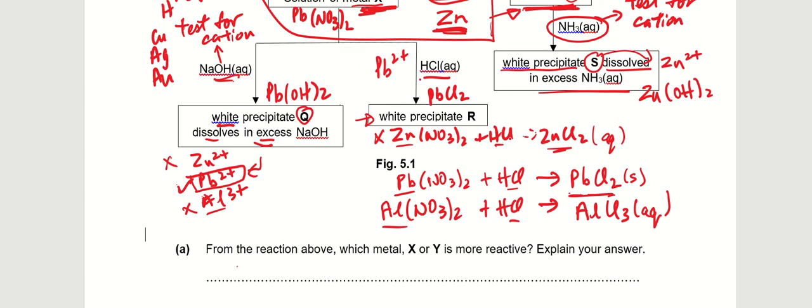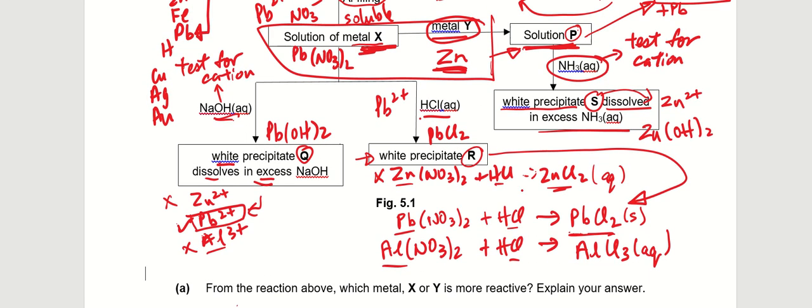Let's see what is R. R is a white precipitate that we got by adding Pb2+ with hydrochloric acid. So we have determined that R here is lead 2 chloride, the precipitate. So R will be lead 2 chloride, formula PbCl2. Okay, how about S?